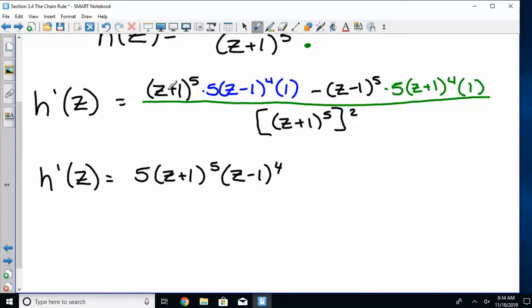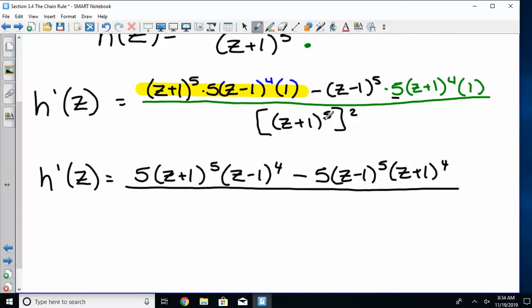So all I did right here in this first term was got rid of my times 1, and then I just moved the 5 out in the front. I'm going to do the same thing in the second term, so really just reordering. I'm going to pull my 5 out in the front of that, and my z plus 1 to the 4th, and then we can drop the times 1.